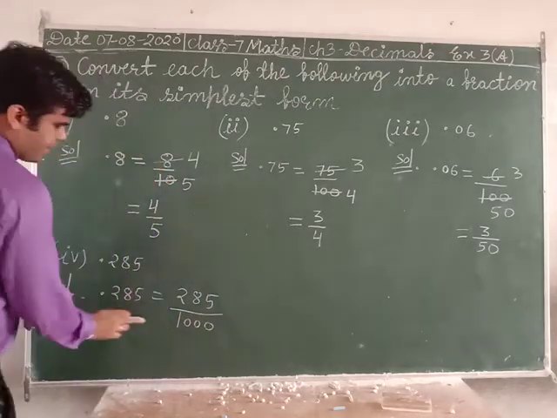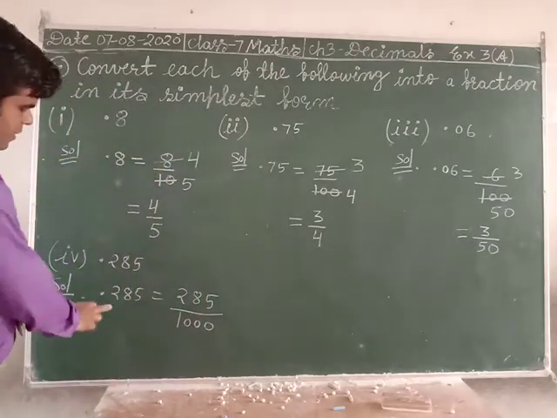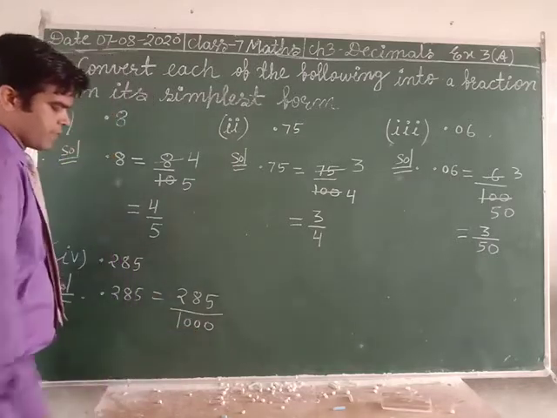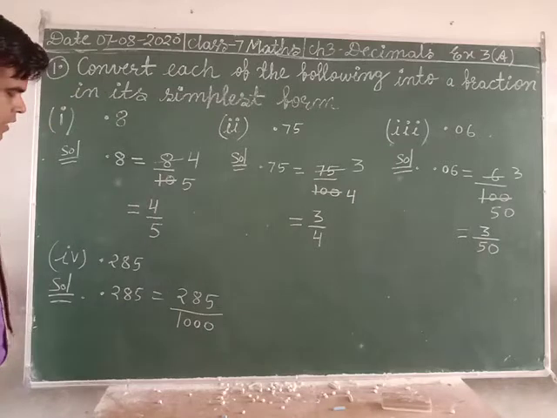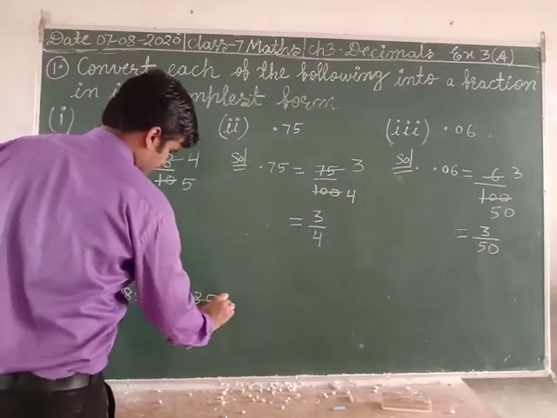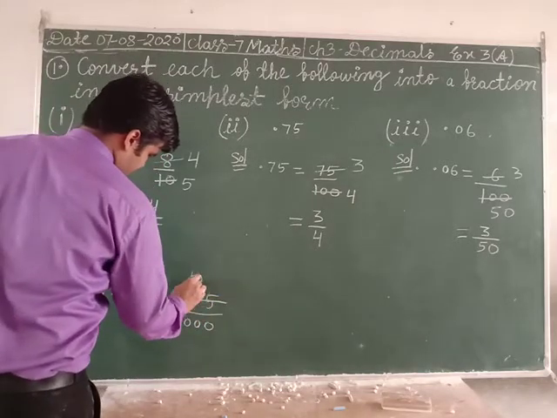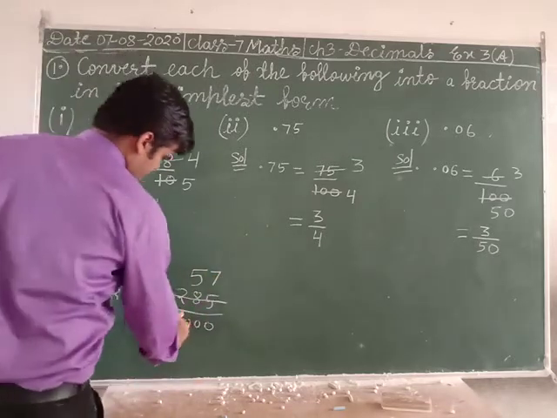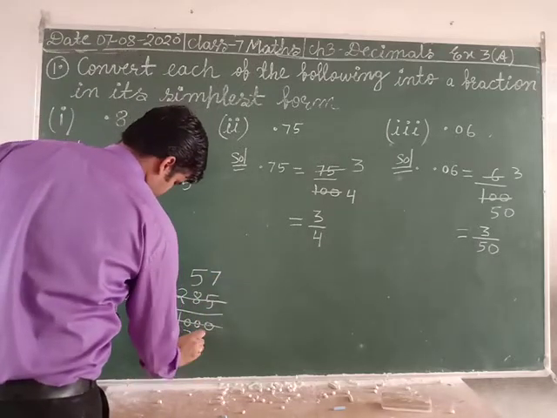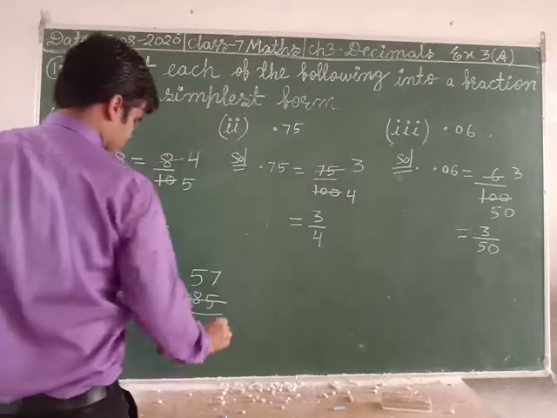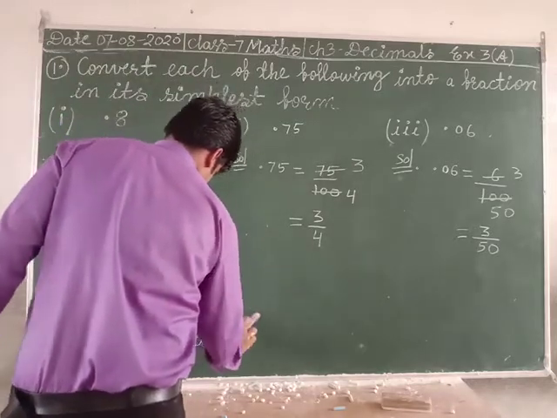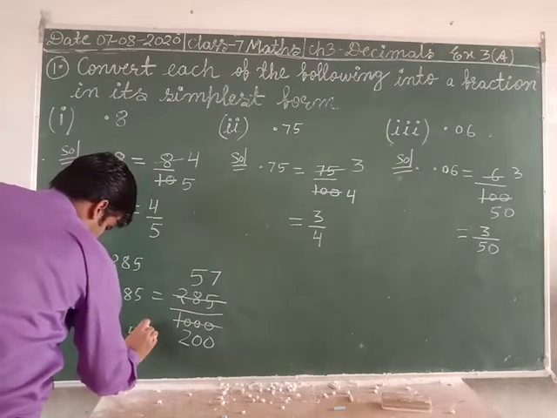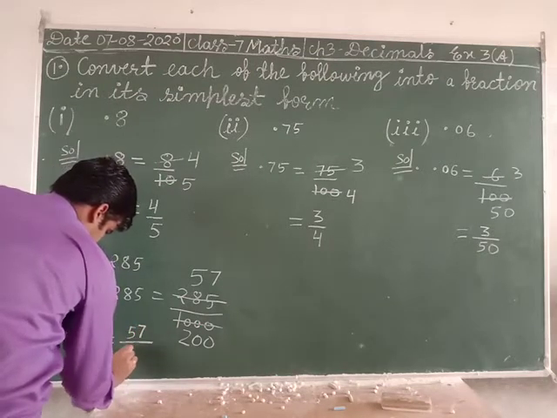Because below the point we put 1, and after that there are 3 digits, so we put 3 zeros, so it becomes 1000. Now by 5 this becomes 57, and by 5 this becomes 200. So we write in the simplest form 57 upon 200.